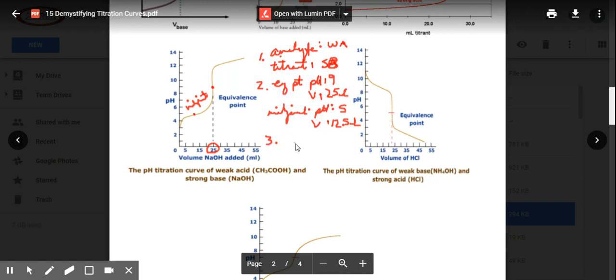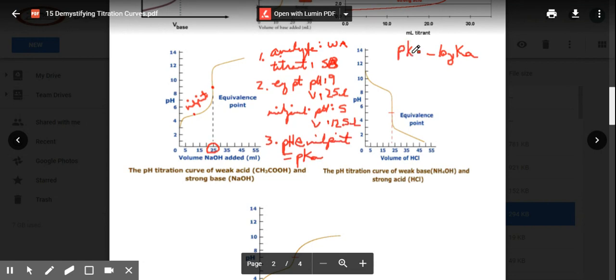Let's talk about how to figure out the Ka. If I take my pH at the midpoint, my pH at the midpoint is equal to the pKa of my acid. And if you've watched my other video about the indicators, pKa just means negative log of Ka.